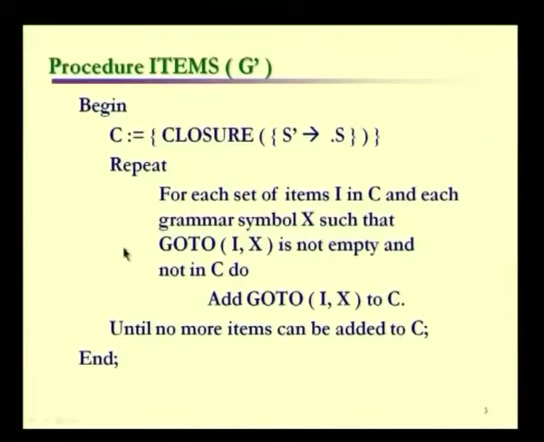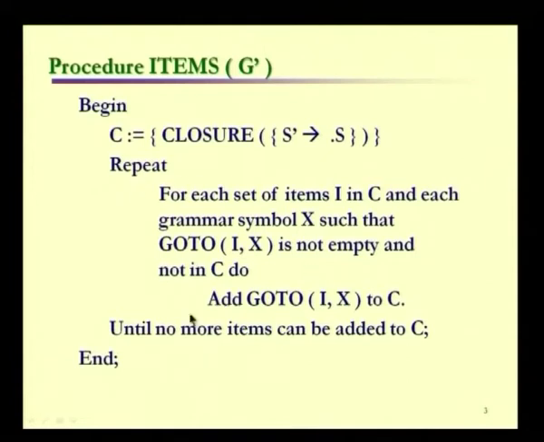The parsing table itself has some number of states, which defines the size of the parsing table. The first state is obtained by using the closure of S dash derives dot S, and the rest of the states are obtained by using, once again, the algorithm for items.